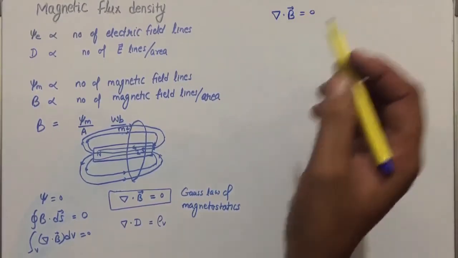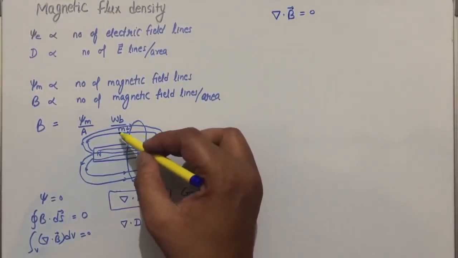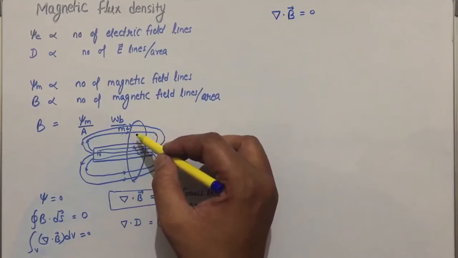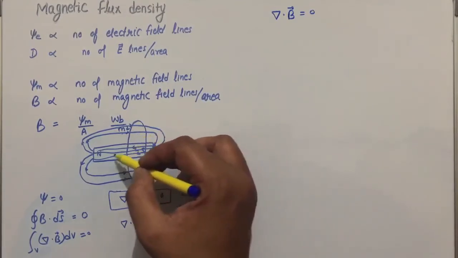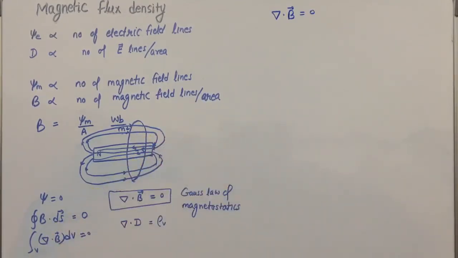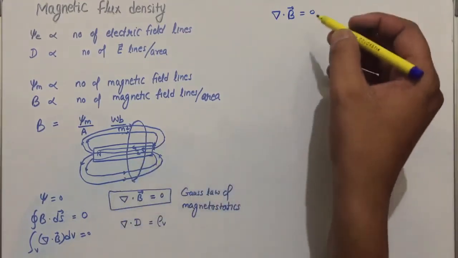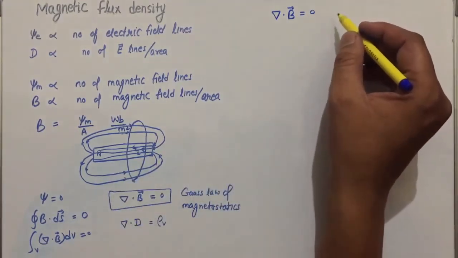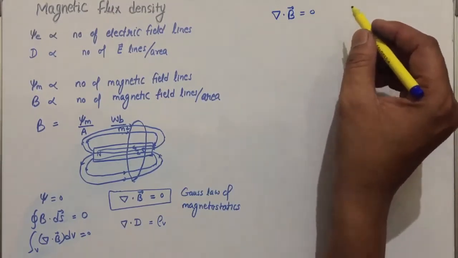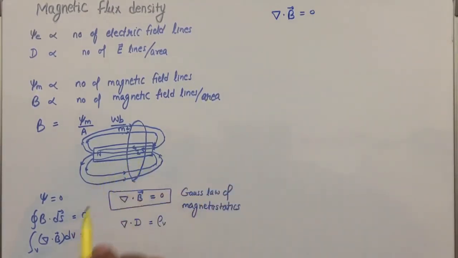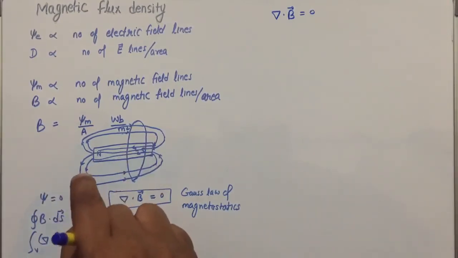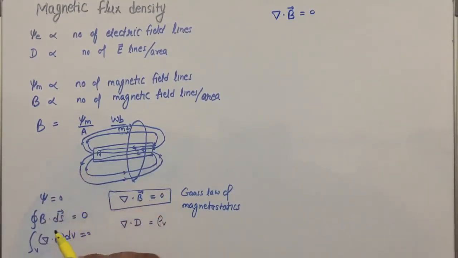This is possible only when the flux in and flux out are equal for any closed surface, and that is possible only when pole pairs exist. It is not possible in electrostatics. However, in magnetostatics this is possible.